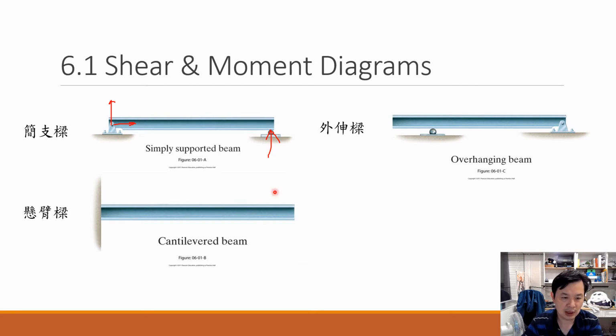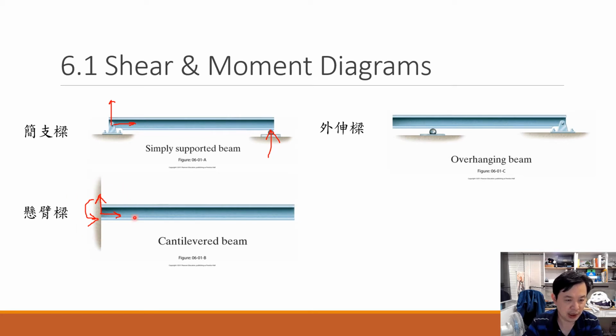For the second geometry, we call it cantilever beam. In this structure, one side of the beam is free, the other side of the beam is totally fixed. So on the totally fixed side, your boundary condition would have three constraints, such as the force or the displacement in the horizontal direction, in the vertical direction, and the constraint of the slope or the bending at the end.